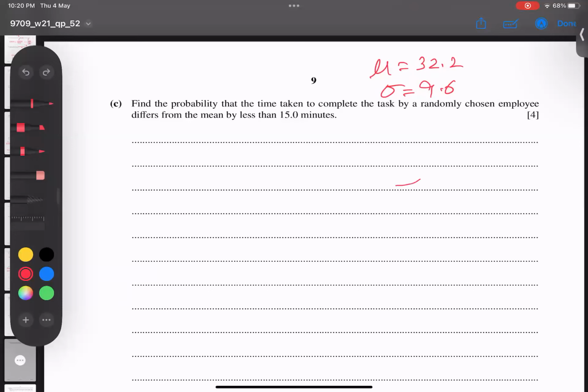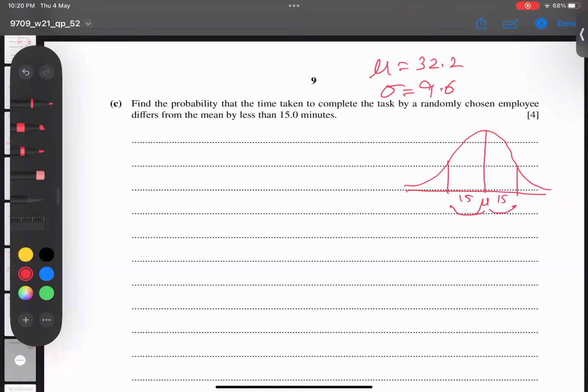This is the situation he was describing. Whenever there is a bell shape, the middle line always represents the mean. And he's saying it differs from the mean by less than 15 minutes. So 15 minutes here and 15 minutes here, meaning adding 15 and subtracting 15.